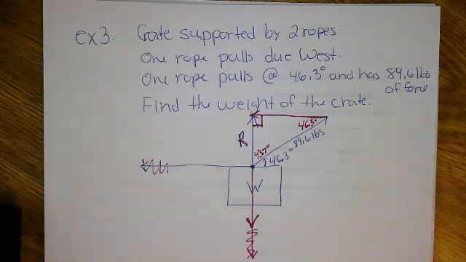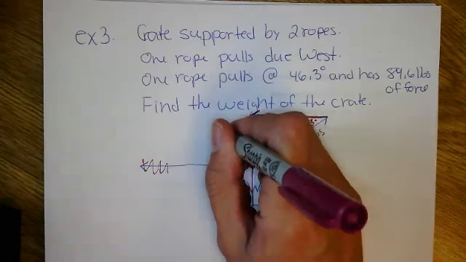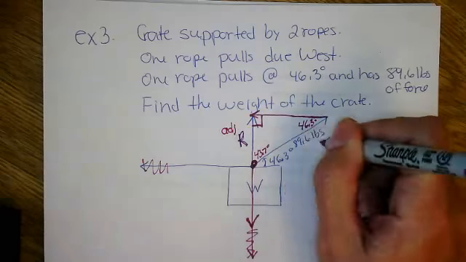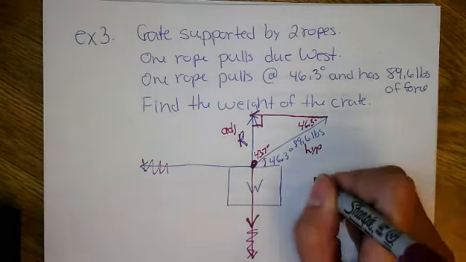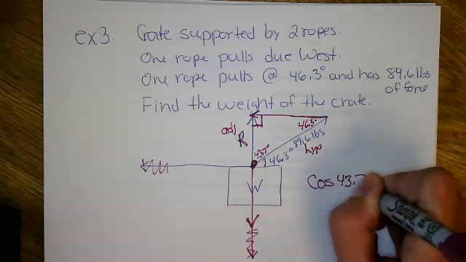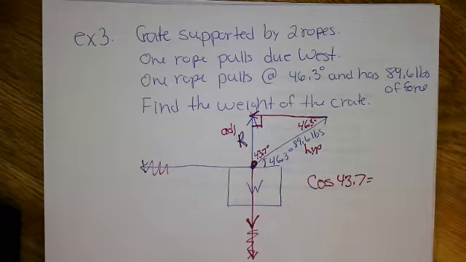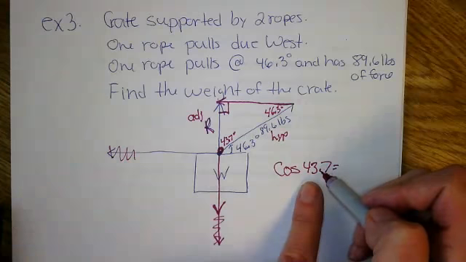So now, if I stand here, this would be adjacent, and I've got the hypotenuse. So I will go with a cosine. Cosine of 43.7. If it wasn't a right triangle, I would probably have had to use a lot of sines, but it is a right triangle, so I just always go back to SOHCAHTOA.